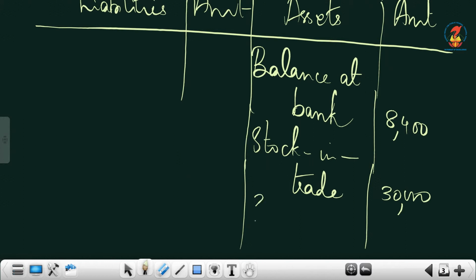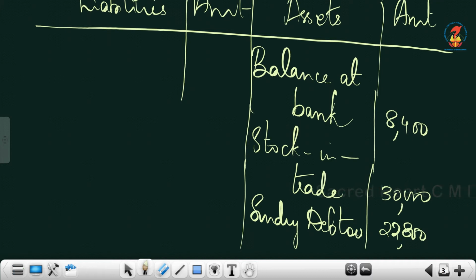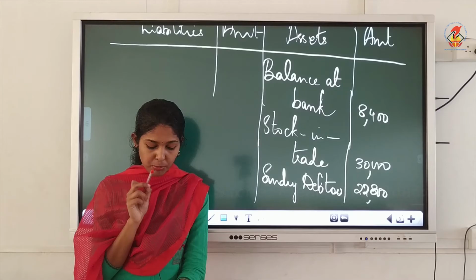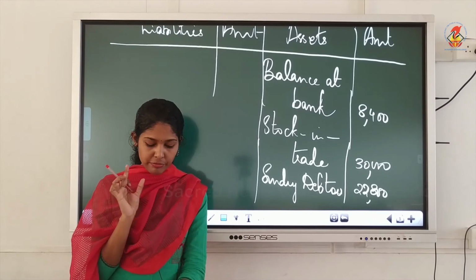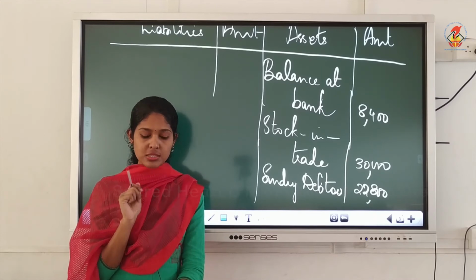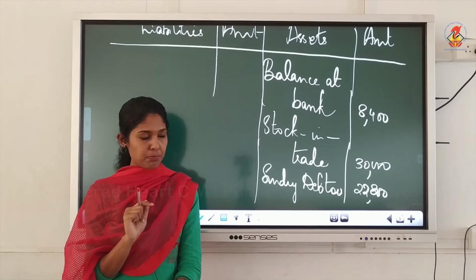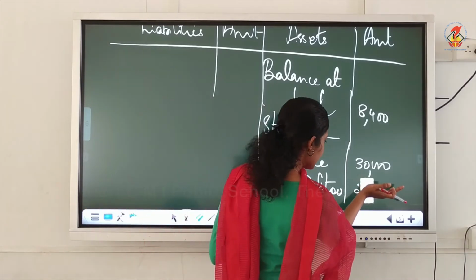Then we have sundry debtors. 22,800. Sundry debtors, do we have a provision there? Yes. See, we had a provision there in that paragraph for provision for doubtful debts to be created at the rate of 5%. So that you have to consider here.